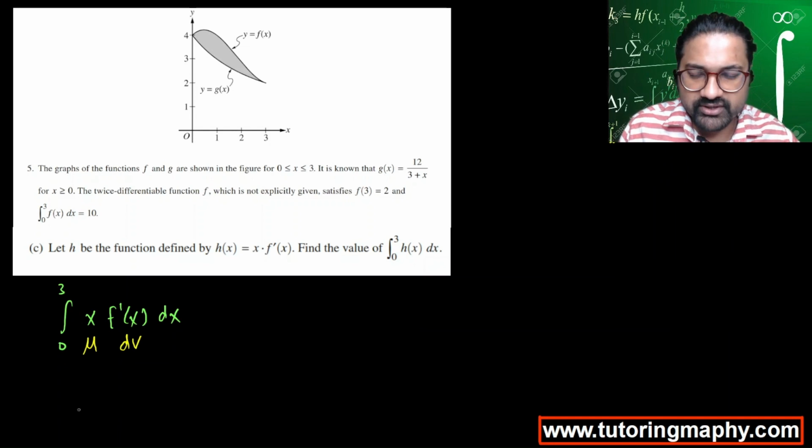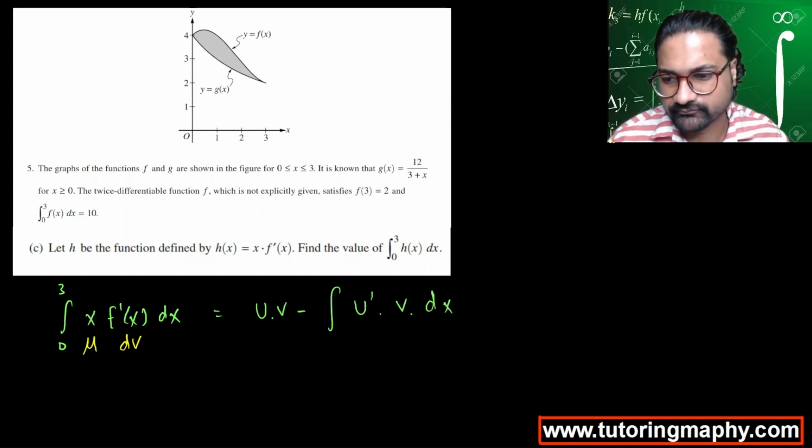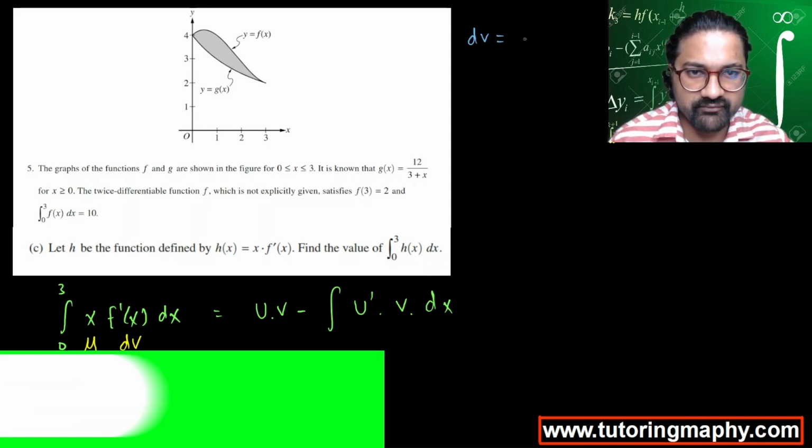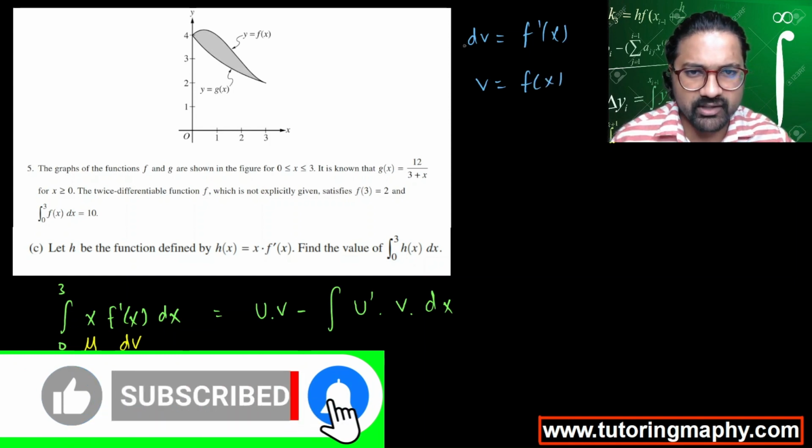So the integration by parts formula tells us that this will be u times v minus the integral of v times u prime dx. That's what it says, right? Okay. We know the dv, so I'm just going to write here. dv is equal to f prime x, so obviously v is going to be f(x).